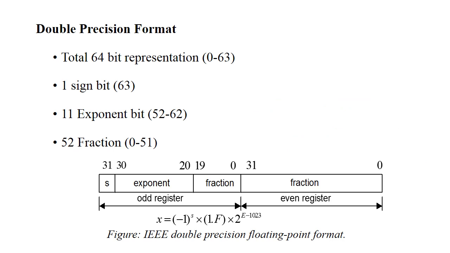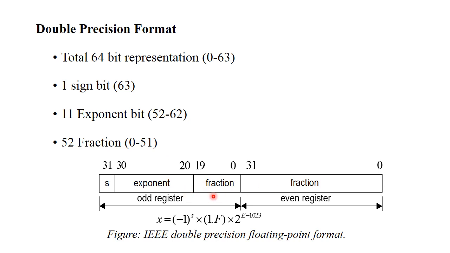Now let us get into the double precision format representation. So double precision in the sense the number of bits that was there in the single precision will get doubled. Now total 64 bit representation we are going to have, 0 to 63 total. So 1 sign bit, then 11 exponent bits and 52 fraction bits we are going to have.